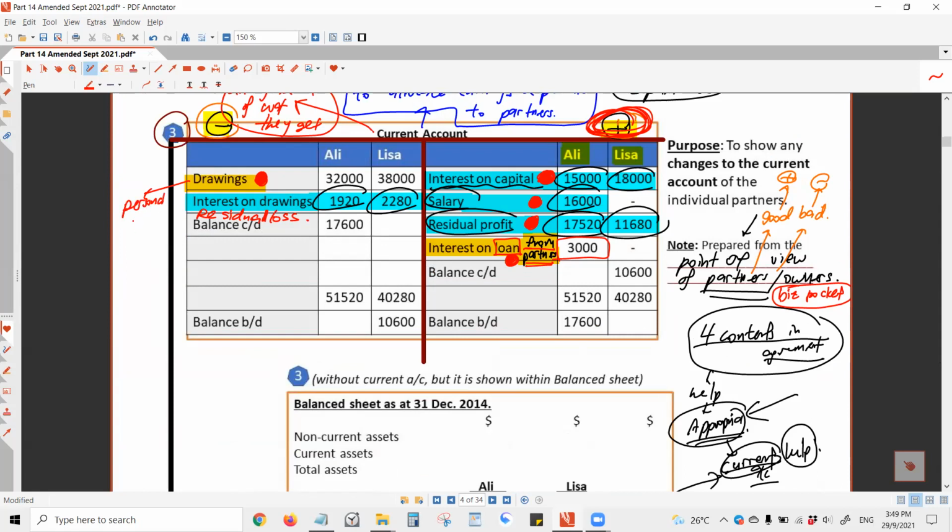So it's going to reduce what they have deserved. It's going to reduce all the benefits they get on the credit side. That's why drawings is on the debit side.